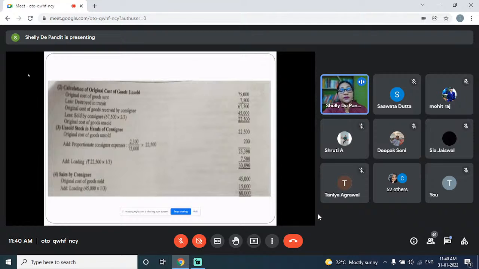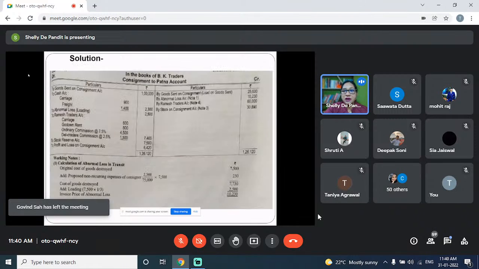Now 45,000 is the cost, and we all know what has been told in the agreement, that the consignee should sell the goods at the invoice price. So what is the invoice price? Invoice price is nothing but one-third of profit or load to be charged on the cost. So we add 45,000 into one-third, so it will become 15,000. That 15,000 is added to 45,000 to have the selling price.